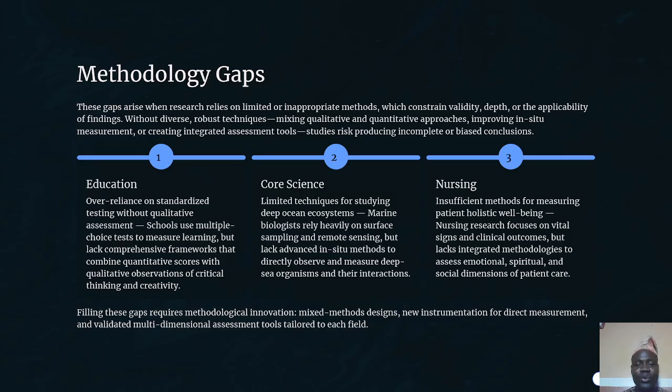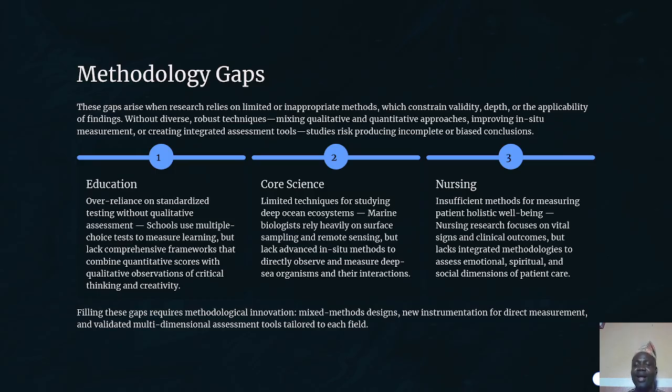That could be a way, and somebody wants to do it. It could be in nursing. We could have insufficient methods for measuring patient holistic well-being. Nursing research focuses on vital signs and clinical outcomes, but lacks an integrated methodology to assess emotional, spiritual, and social dimensions of patient care.